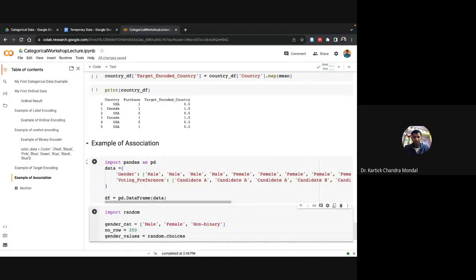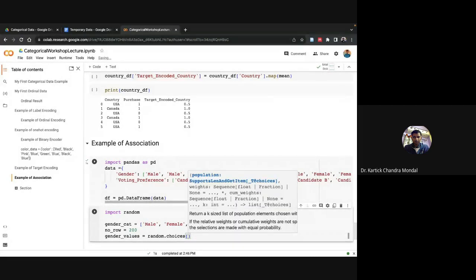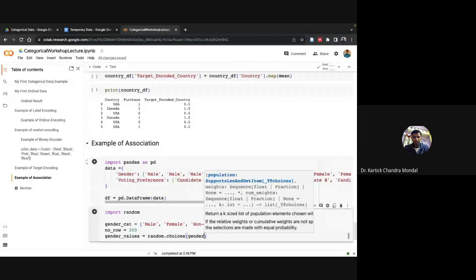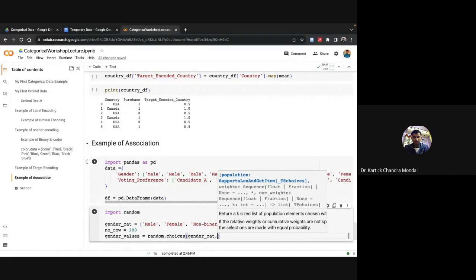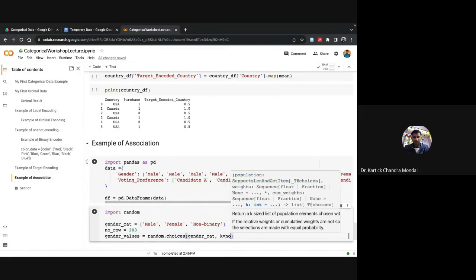Random choices from where? Random choices from the categories, that is gender category, and how many? That is k equal to number of rows.